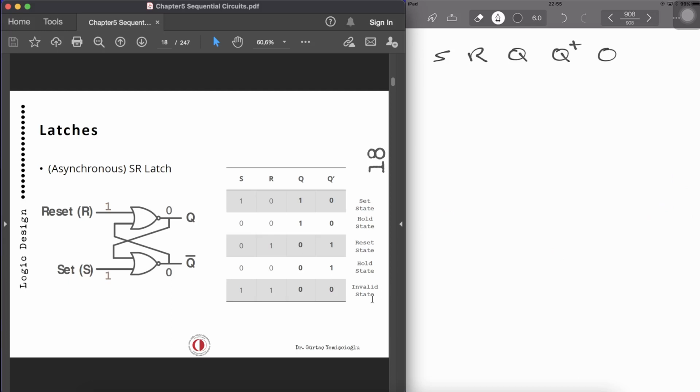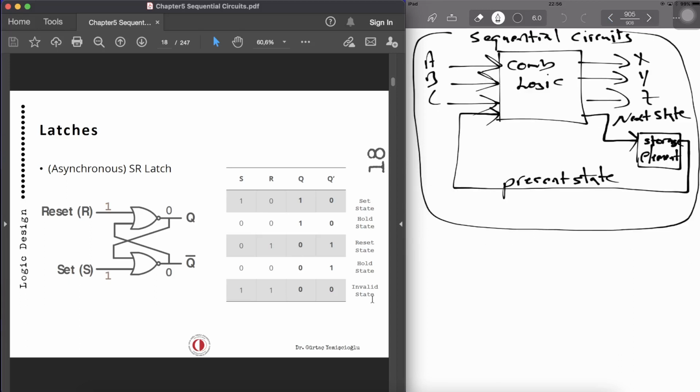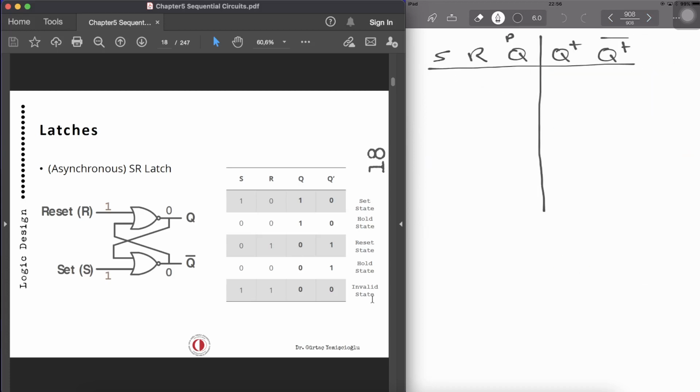You can also write Q plus inverse. Now, let's say these three are our inputs. So the present state, where is that coming from? That's coming from here. So that's the present state. Okay, that will be fed in.